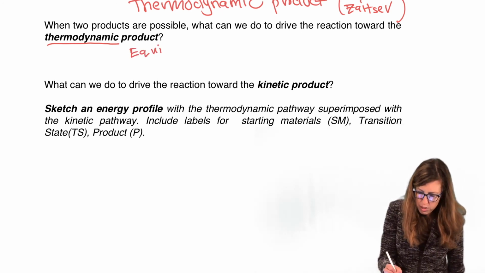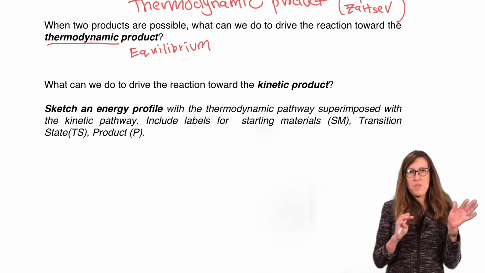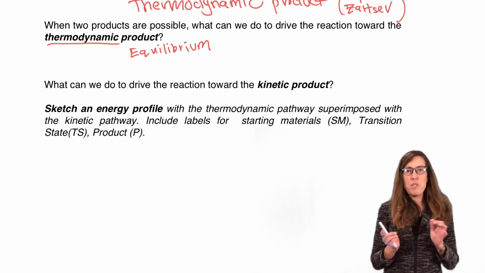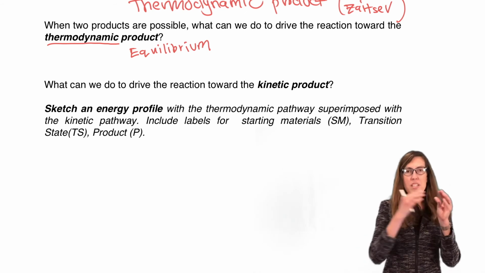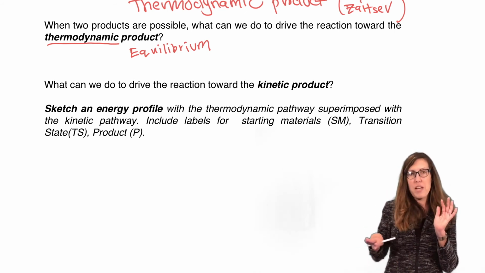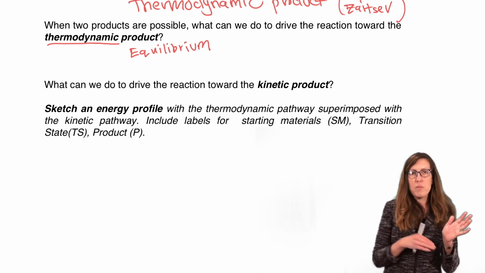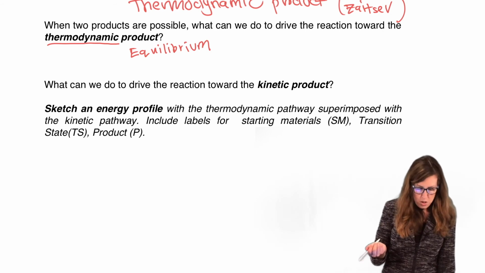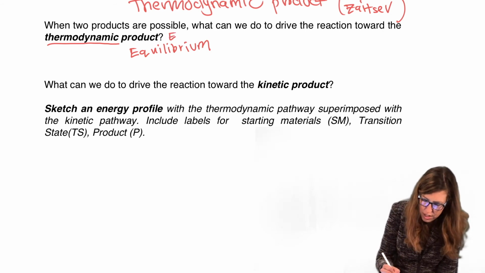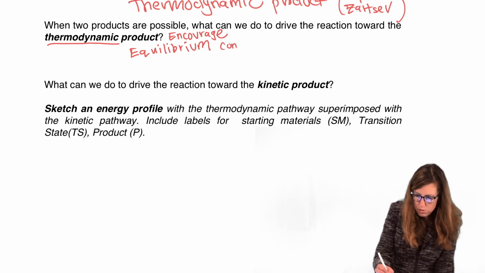So you encourage equilibrium, because if you think about it, you're almost letting the reaction have a do-over if you have an equilibrium as opposed to unidirectional. So if you do an equilibrium, it has a do-over and keeps going until it settles into what we call a thermodynamic well, so lower potential energy. And when it does that, it's less likely to go back. So remember that the equilibrium constant will be different than if it's a less stable product, right? So you want to favor or encourage equilibrium conditions, because those reactions are slower.